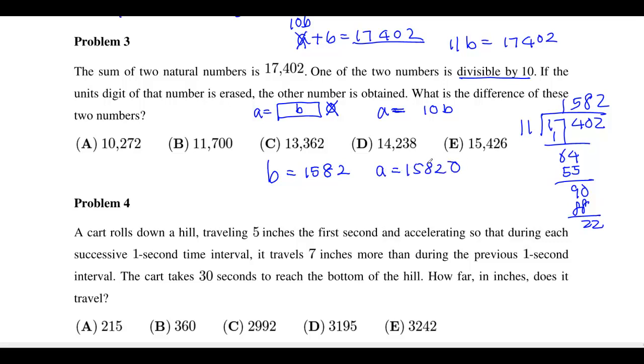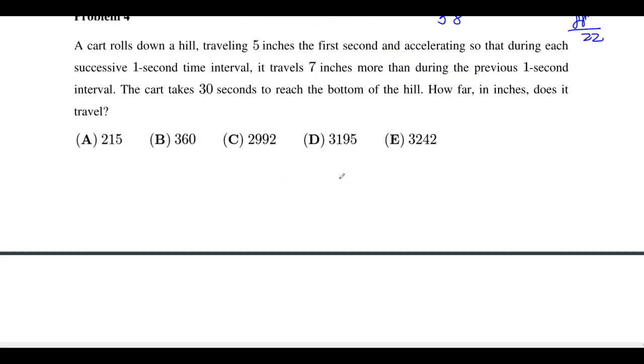But the question asks for the difference of these two numbers. We can take 1582 again. Taking over, the last number is 8, so we get 38. This is the answer. You don't have to calculate everything. That is number 3.